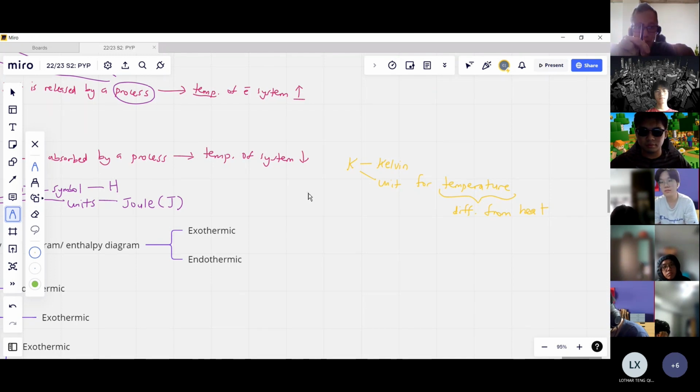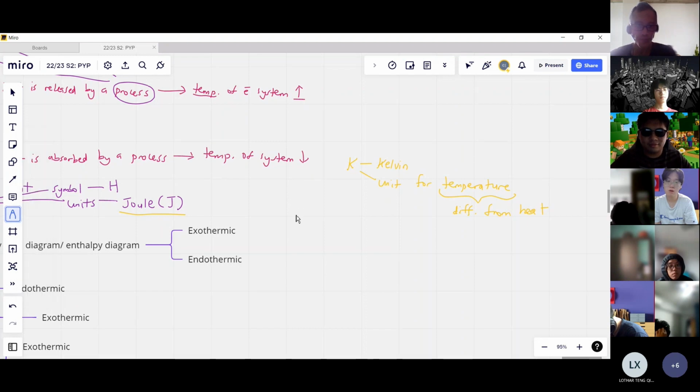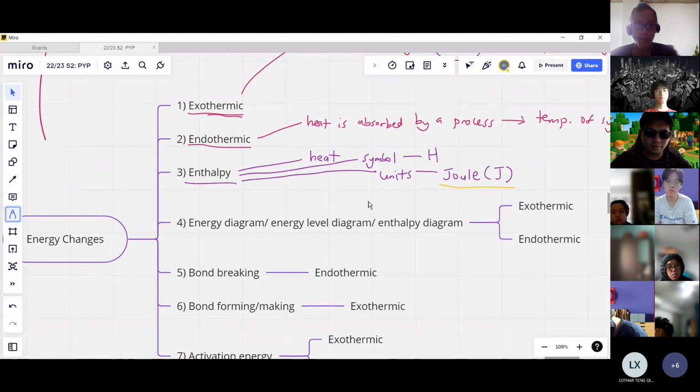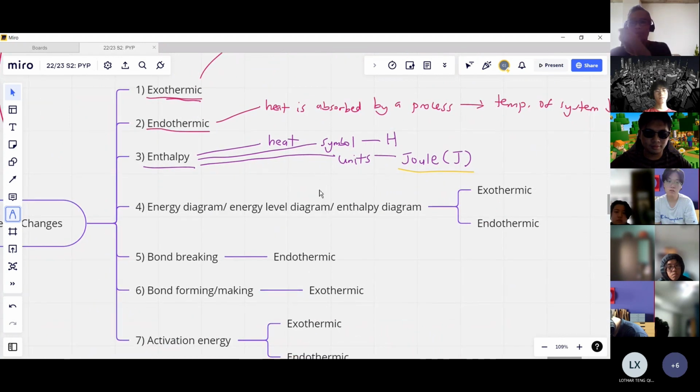But again, we will not go too much into that. Just make sure you don't confuse yourself. Enthalpy units is joule, not Kelvin, not degree Celsius.